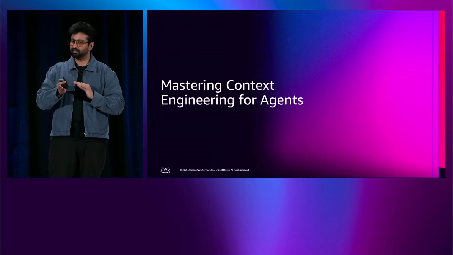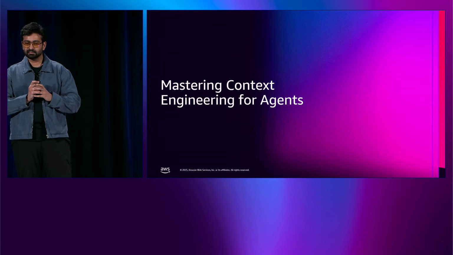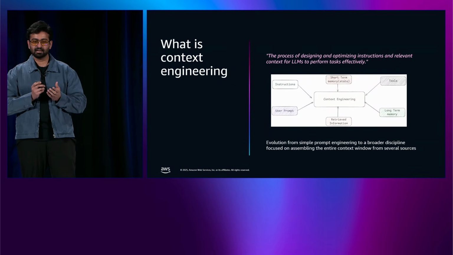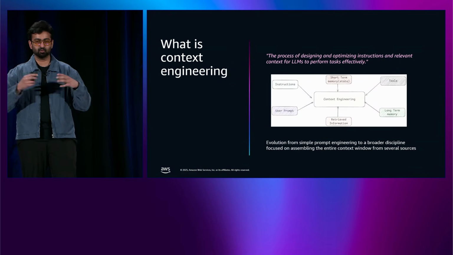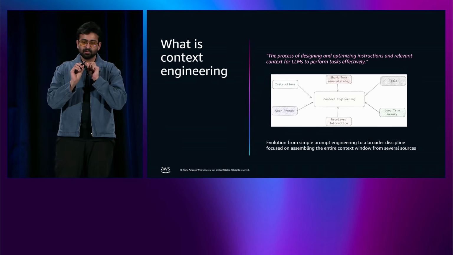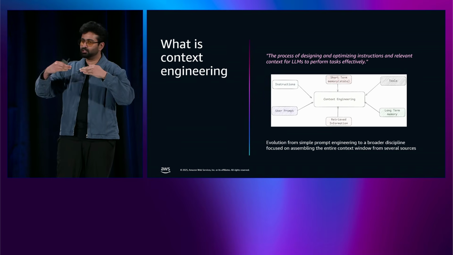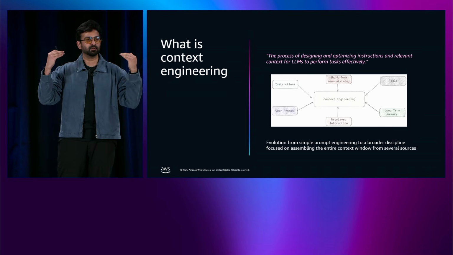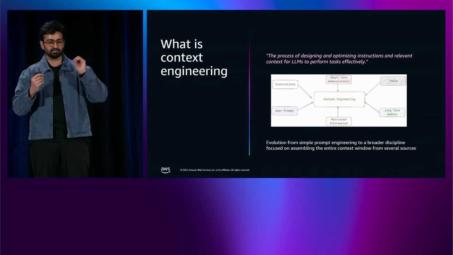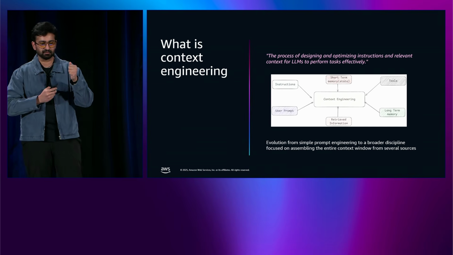So before we dive in even deeper there, let's talk about context engineering for agents. You might have heard about context engineering and prompt engineering earlier. But when applied to agents, if we zoom into one of those agents, either the Strands one or the LangGraph one, we can see that the context that you provide to that agent is extremely important, right? So you can have user instructions, you can have system instructions, you have retrieved information from RAG systems, for example.